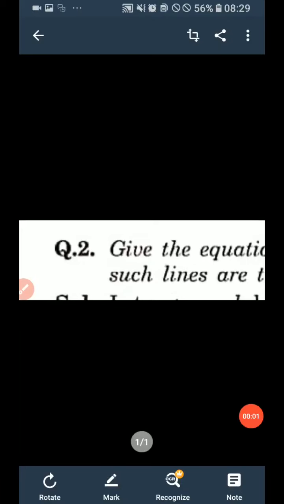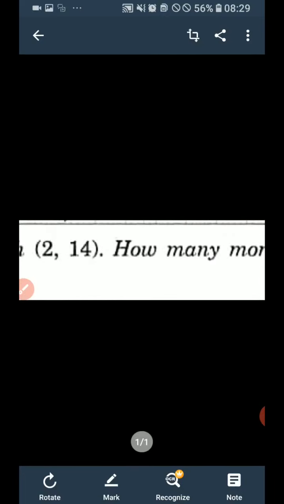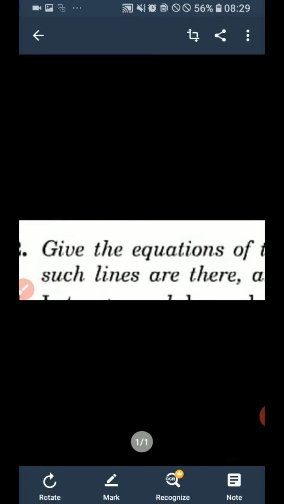Now come to question number 2. Give the equations of two lines passing through (2, 14). How many more such lines are there, and why? My dear students, we are given lines passing through 2 comma 14.